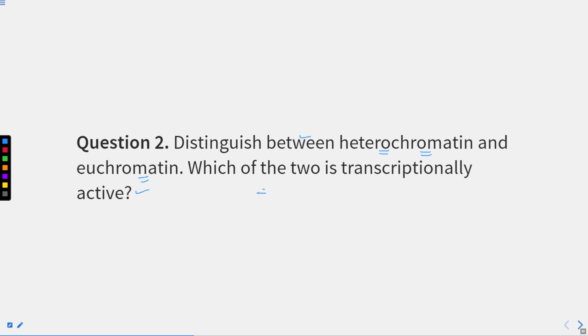In simple words, chromatin is a mixture of DNA and proteins. What kind of proteins? Histone proteins.